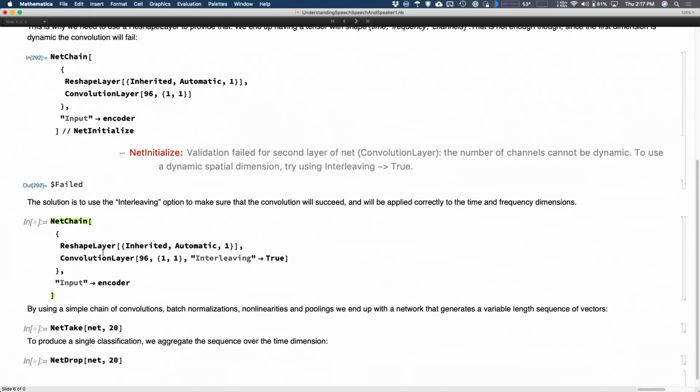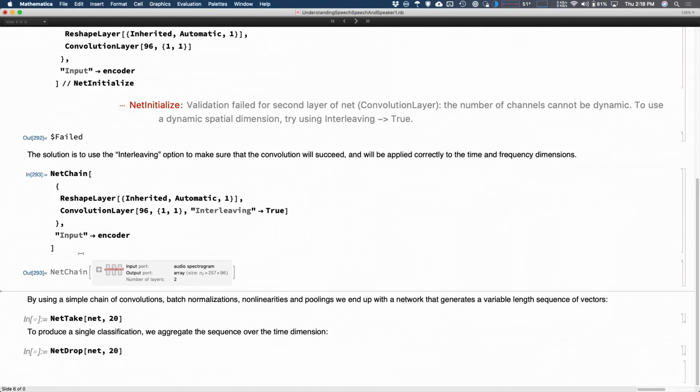Now, one quick interesting thing about the network, as I said, it's a stack of convolutions. There is some kind of finesse to make these work in the Wolfram Language with variable length data. If you just do what you would do for images, just say, I want a convolution applied to my input encoder, that fails miserably because we expect a rank 3 tensor. So you could reshape your input.